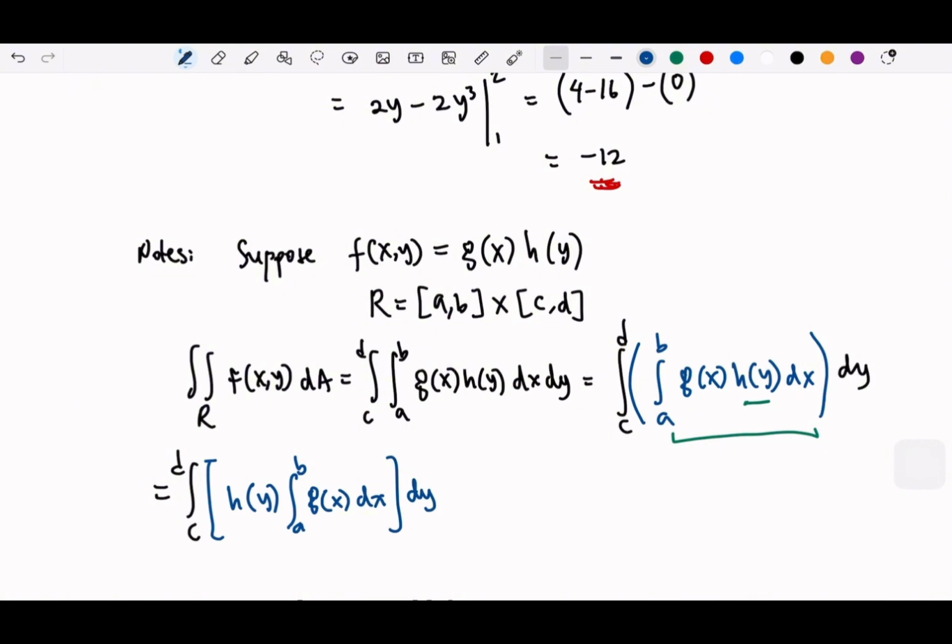So by doing so, we can see that this is basically the multiplication of these two.